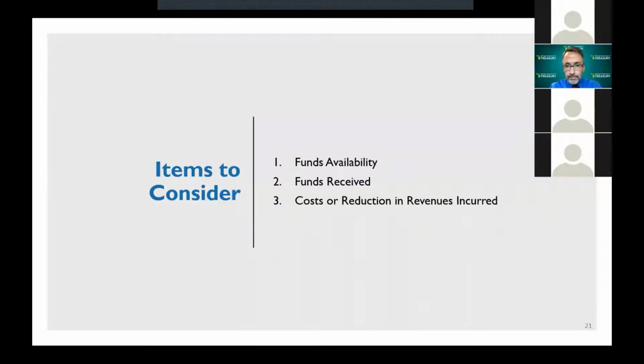There'll be 3 primary things we're going to consider when booking the entries. The first one is funds availability, whether they're available in terms of the GASB definition of available, whether the funds were received, and whether the costs or reduction in revenues were incurred. So the trickiest one of these is the term available.